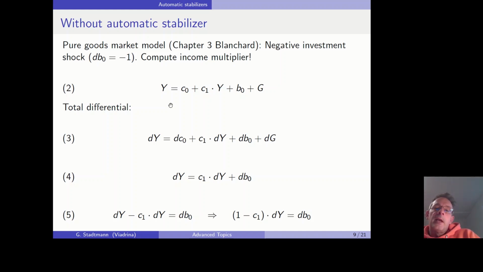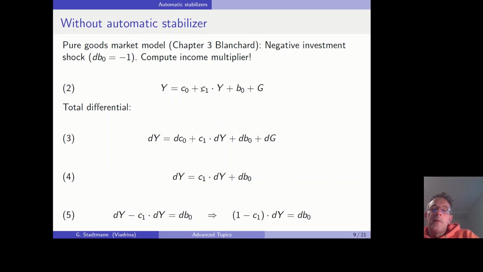So this can be done in the following way. We have here the goods market equilibrium condition. Left-hand side, goods supply. Right-hand side, goods demand. We have consumption here, we have investment here and government spending. Now we take a total differential and write a D in front of each variable.